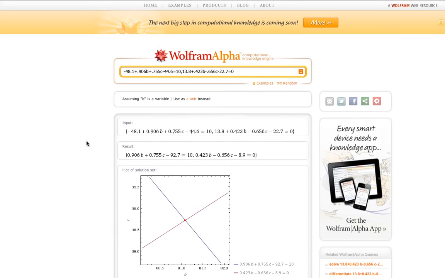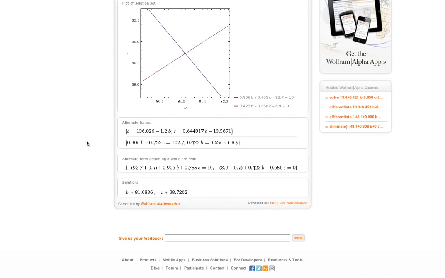And Wolfram Alpha shows us all sorts of useful stuff about this, but at the end we get that the solution, FB and FC, FB is going to be 81.1 pounds, rounding to 3 places, and FC is going to be 38.7 pounds.